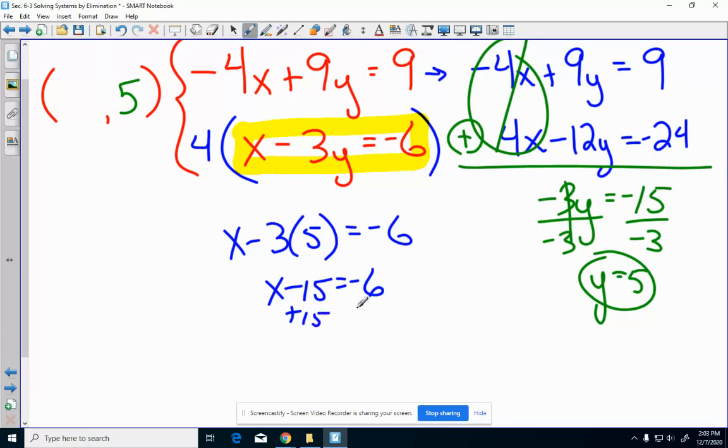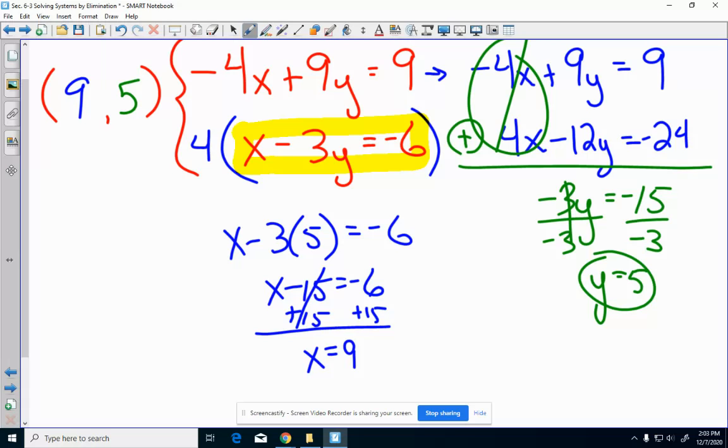I will add 15 to both sides, and I get x is equal to 9. Okay, so a little bit different than yesterday because we didn't originally have two things that were ready to cancel each other out. However, by using the idea of multiplication, then I can make that take place. I can make the elimination happen.